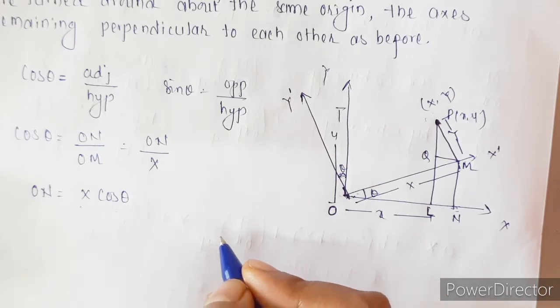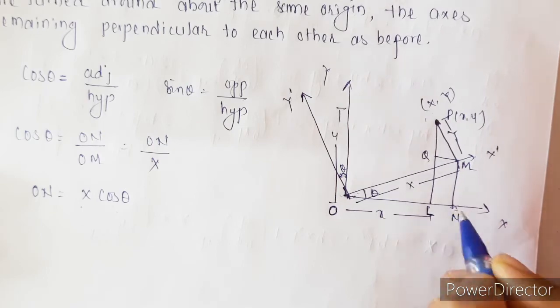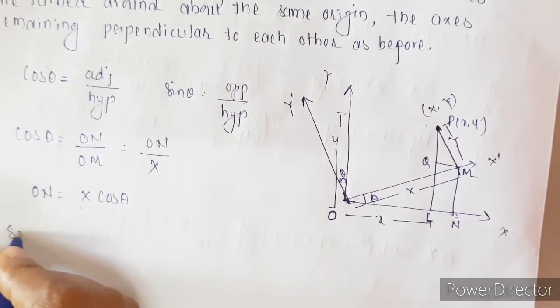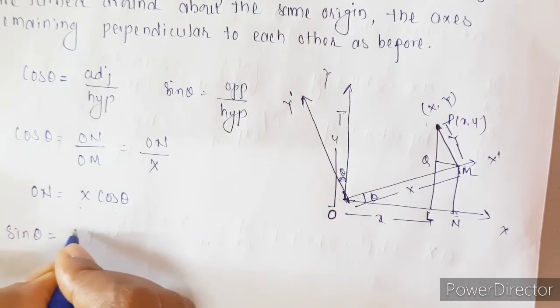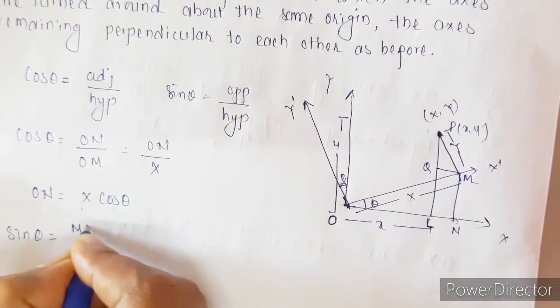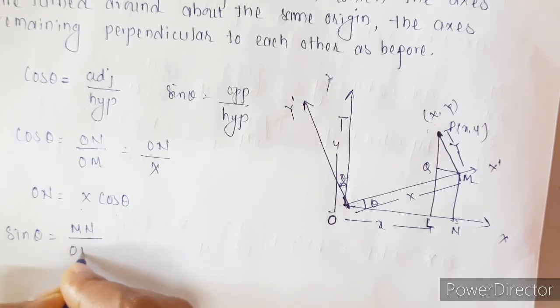Now similarly, if I want to find this MN, for MN we can take sin theta, because sin theta is again opposite upon hypotenuse, and this opposite is MN upon the hypotenuse OM.